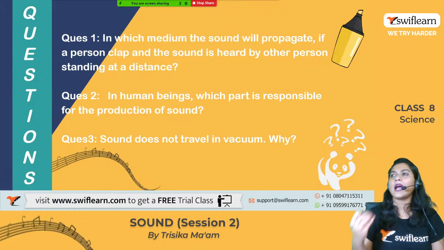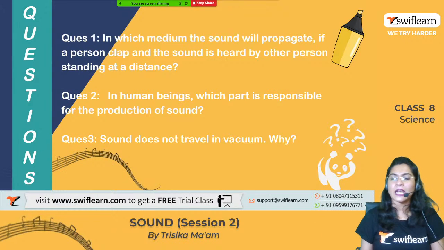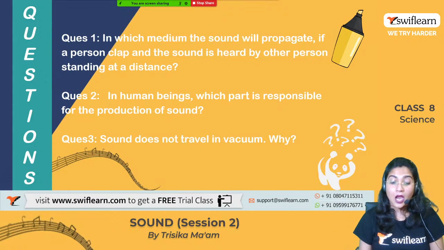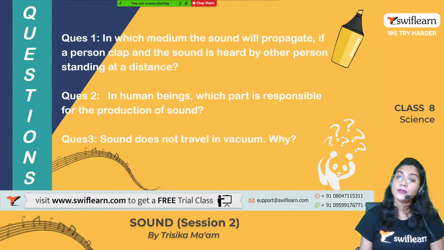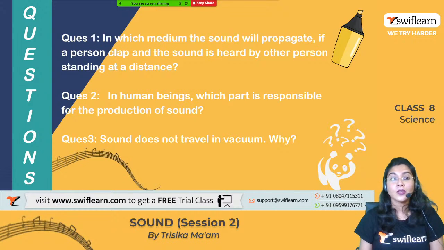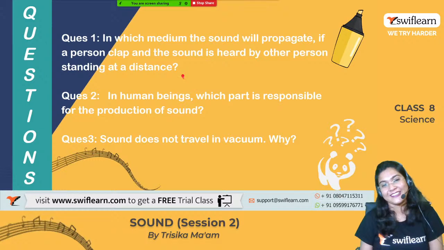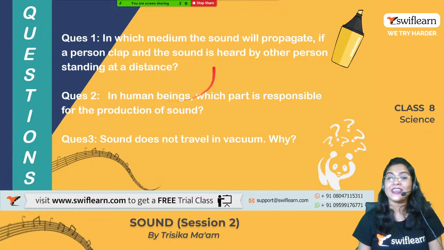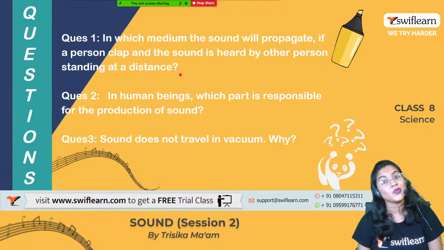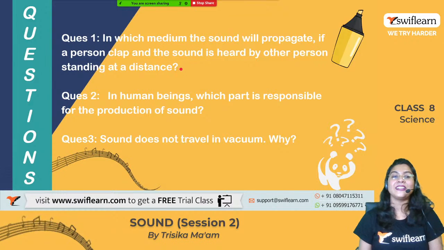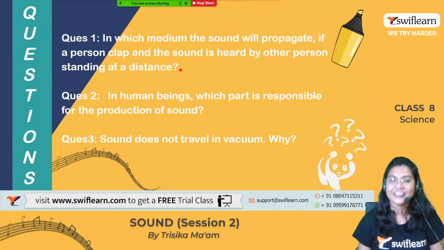If some other person is standing at a certain distance, how will he or she hear the sound? In which medium is the sound traveling? Very good, Shivansh. It's the air. So air is the medium through which the sound propagates, and accordingly the person will be able to hear. Very good. Now let's move on to the second question.